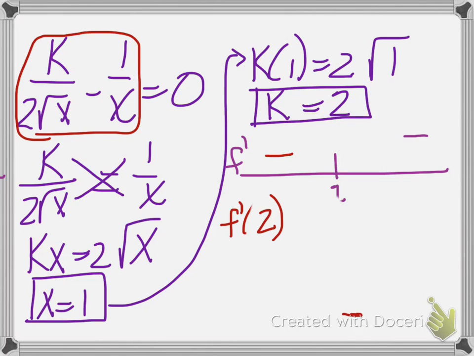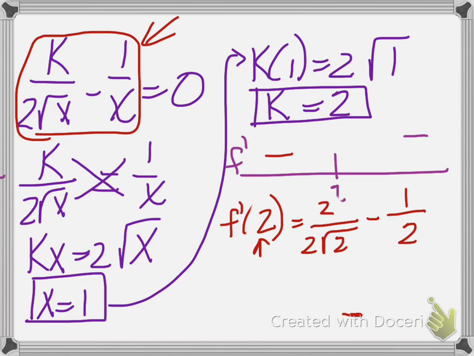Okay, f prime of 2. So now I'm going to substitute into this thing right here. So I'm going to have k, we said k was 2, over 2 times radical 2, I'm putting this 2 in there, minus 1 over 2. Okay, so if we simplify, these 2's cancel, and I have 1 over radical 2 minus 1/2.